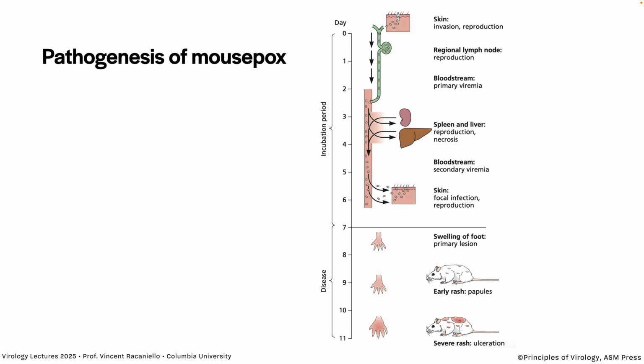So it shows you how virus can spread from the skin to other organs. Now, at the time of this all happening, the foot pad is swelling because there's inflammation, immune responses there, and eventually the rash appears after the secondary viremia.